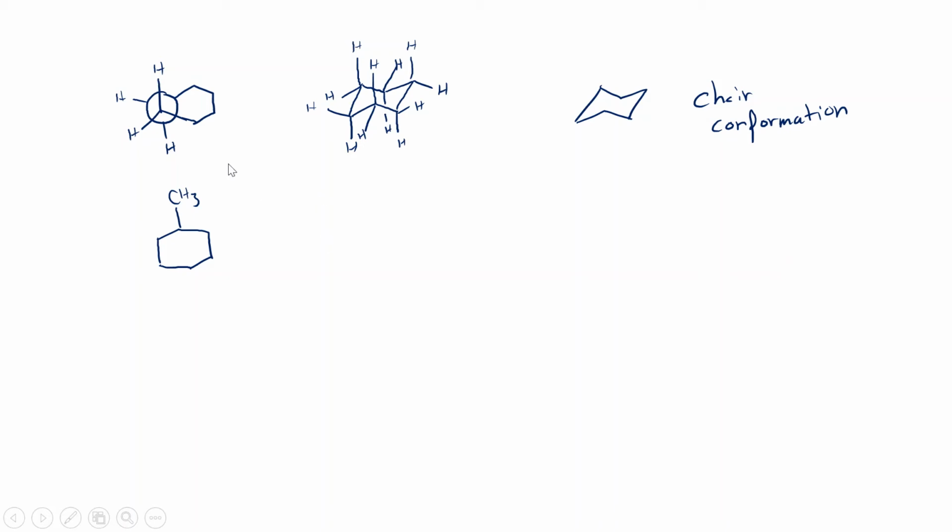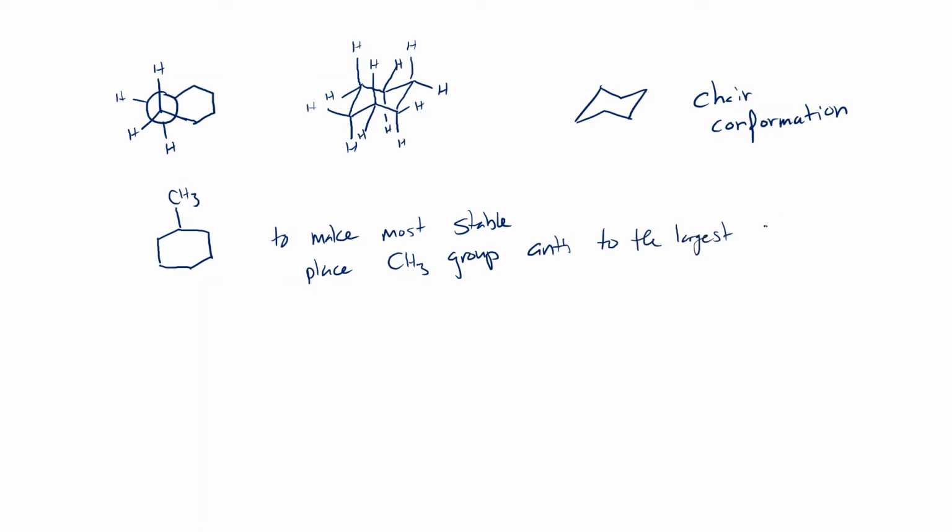If we're thinking about it, to make it most stable, we'd want to place the CH3 group anti to the largest group on the other carbon. That's just Newman projection 101, and that's what we do with Newman projections.